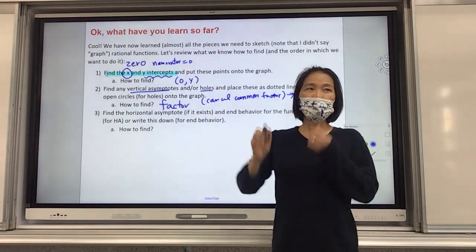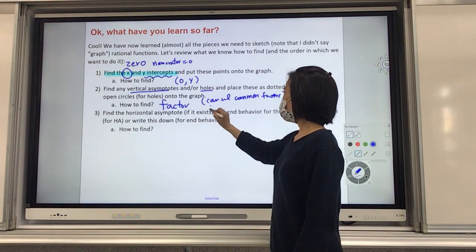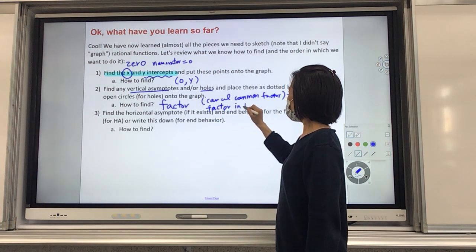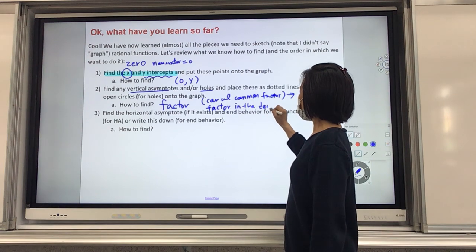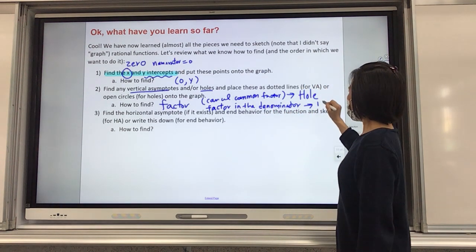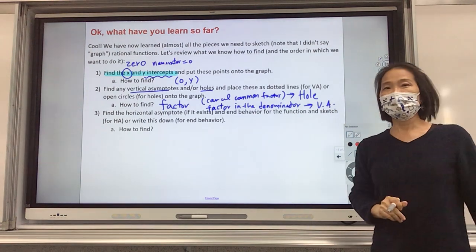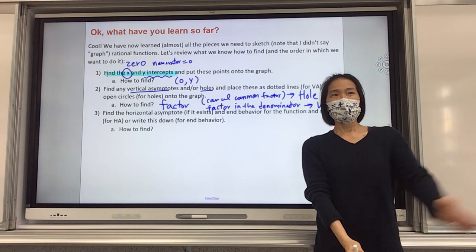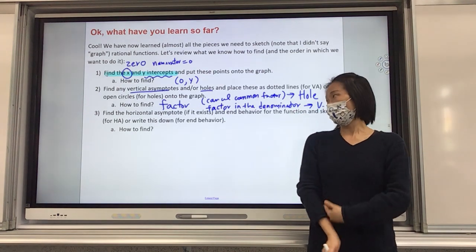If after you cancel there is some factor in the denominator, that is where you find the vertical asymptote. It's the undefined point. It creates this wall that no curve can cross, right?